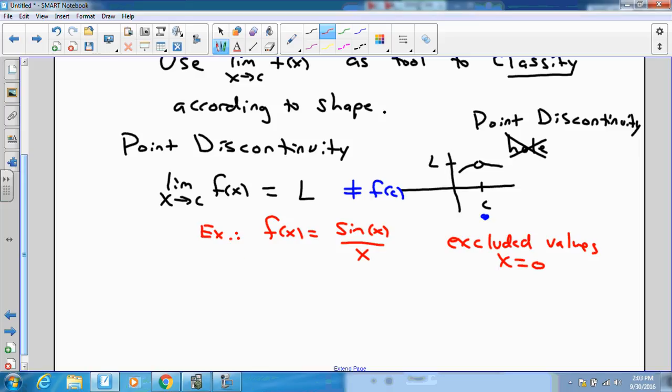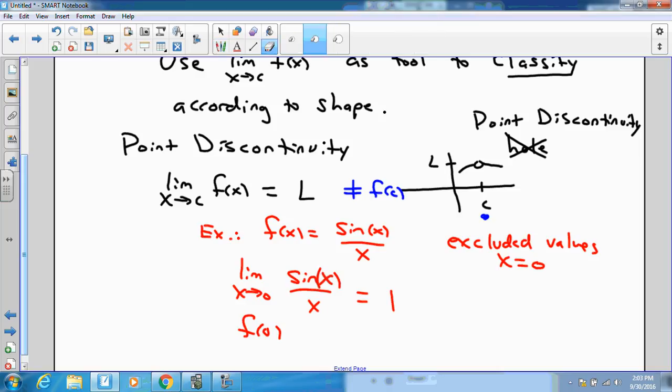So this is a point of discontinuity, and now if I classify it by taking the limit, I take the limit as x goes to 0 of sine x over x, and I get what value that everybody knows? 1. Exactly. The function does not exist at 0, but the limit is 1.